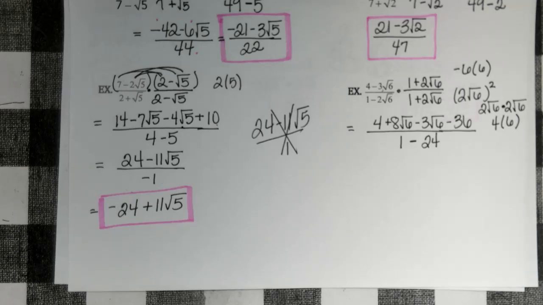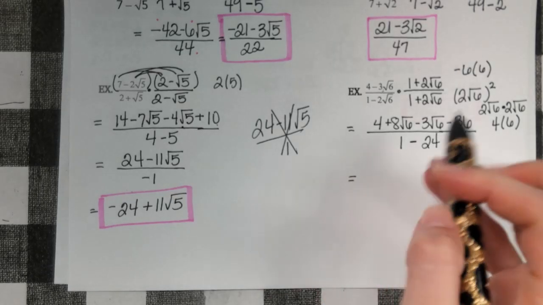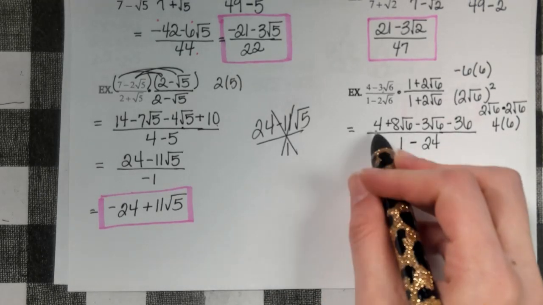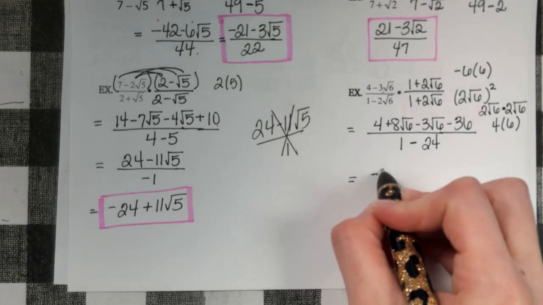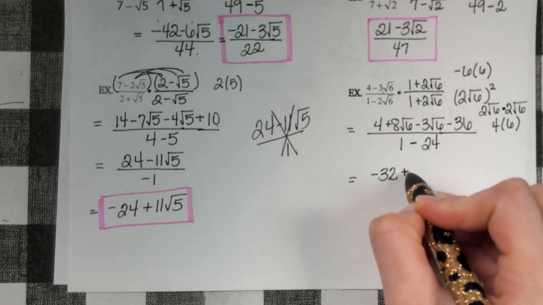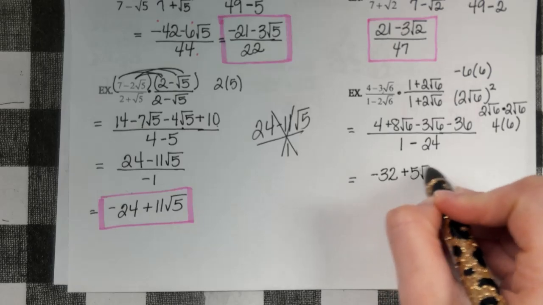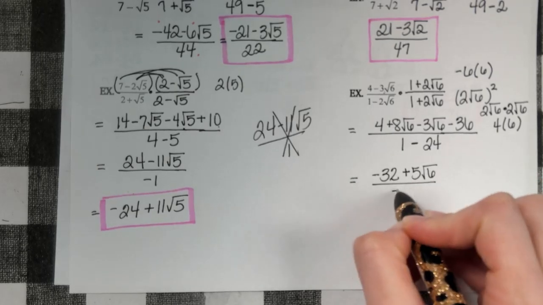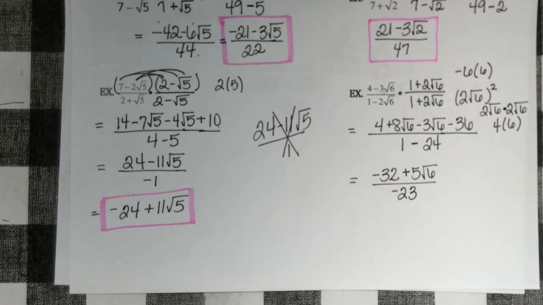Okay. So then, combine like terms. 4 minus 36 is a negative 32, plus, over, negative 23. Okay.